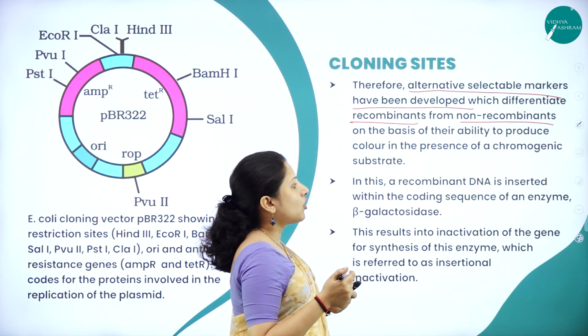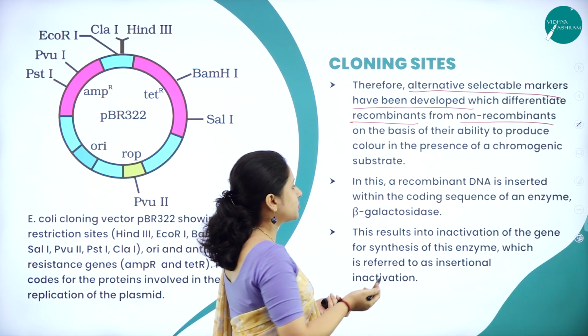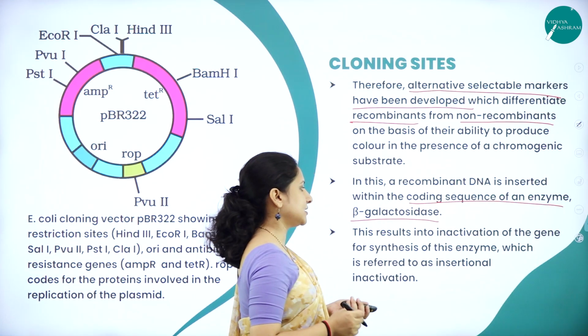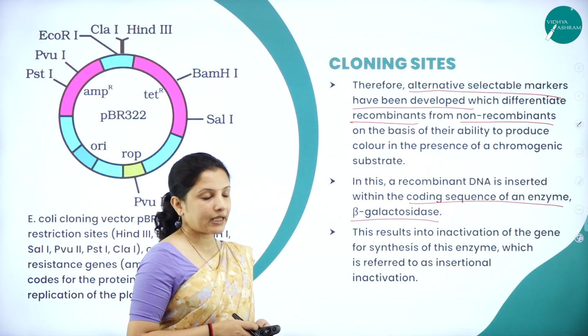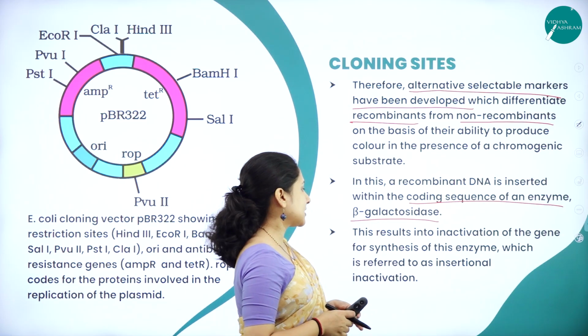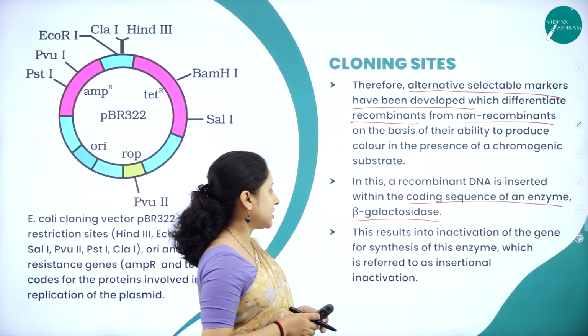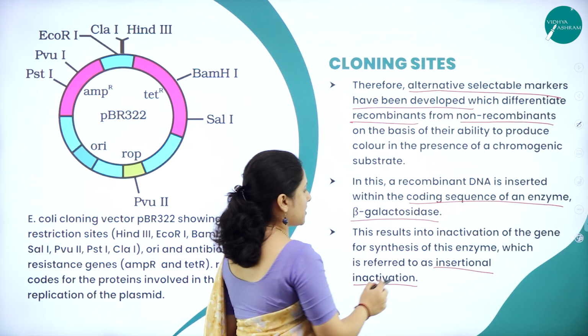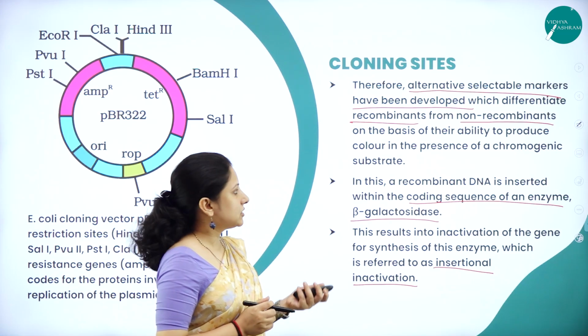In this, a recombinant DNA will be introduced within the coding sequence of the enzyme beta-galactosidase. This results in the inactivation of the gene for the synthesis of the enzyme, which is referred to as insertional inactivation. So, this is how it is done.